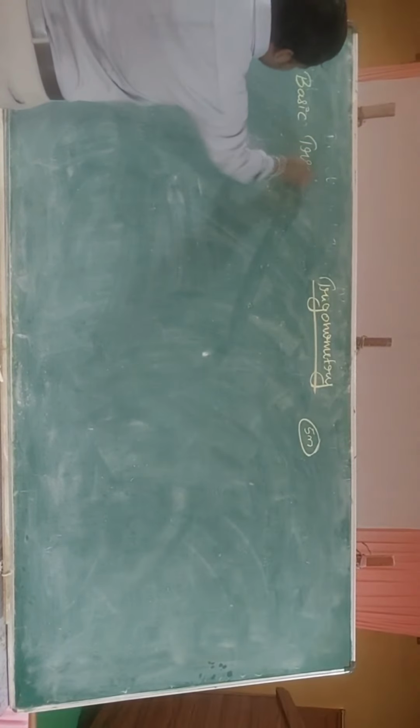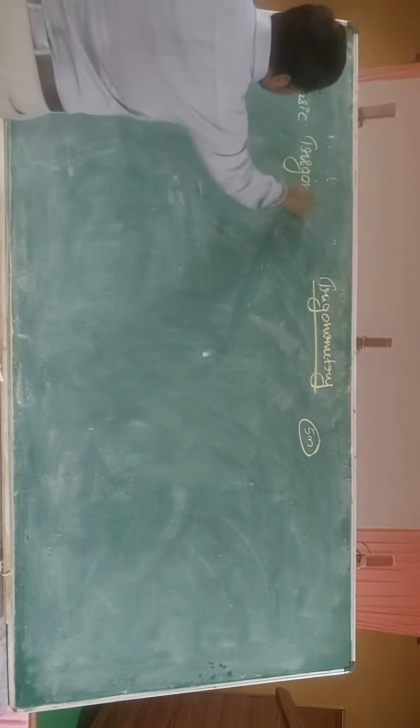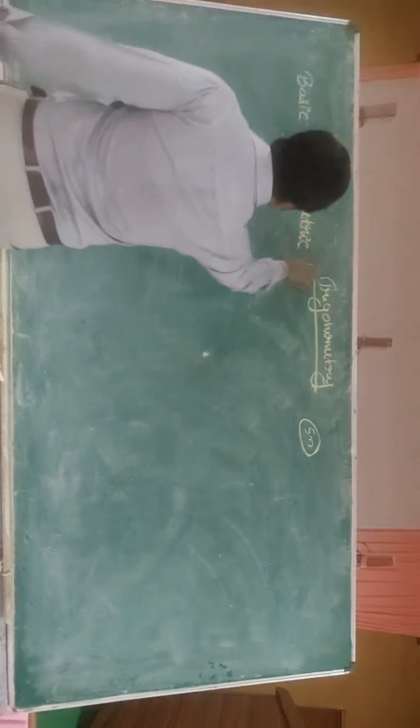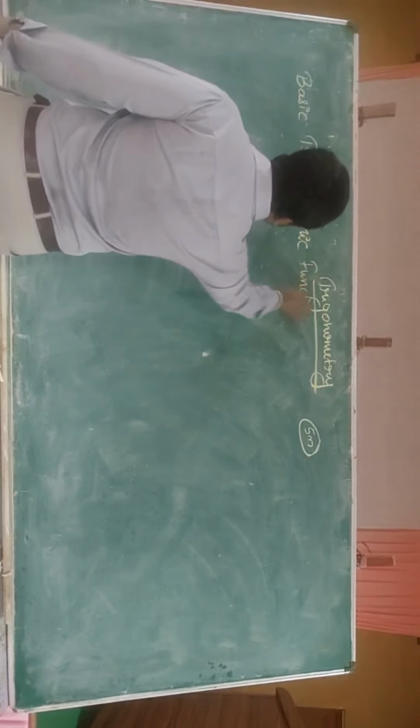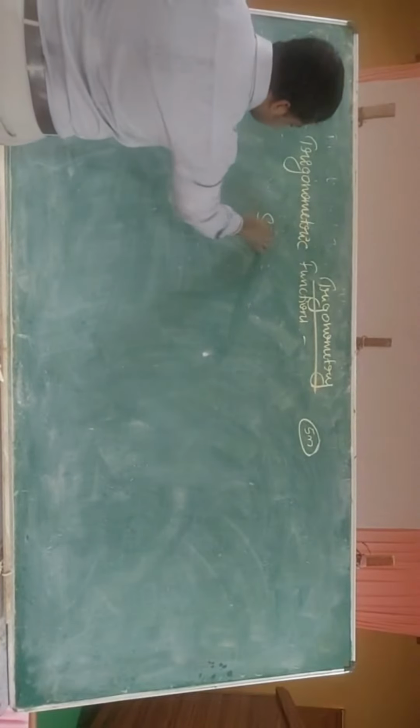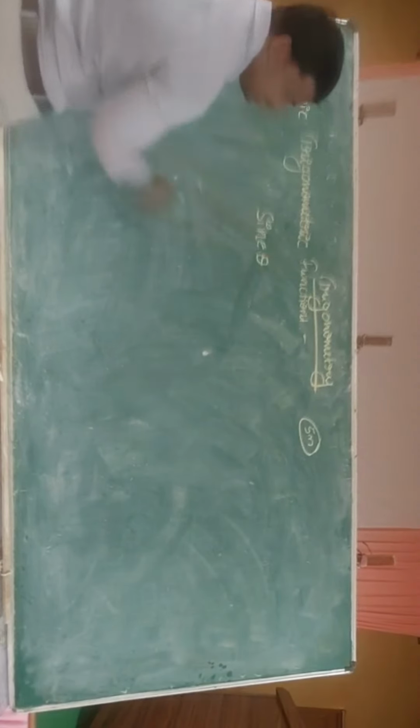The next, basic trigonometric functions. Right side, basic trigonometric functions. How many are there? Six are there, correct? So there are 6 basic trigonometric functions. Among them, the first one is sine theta, S-I-N-E.